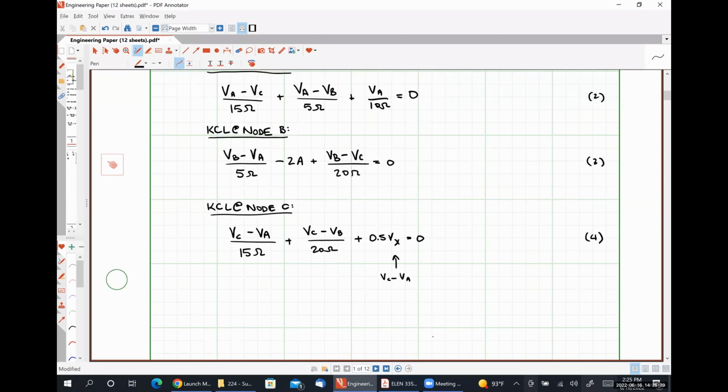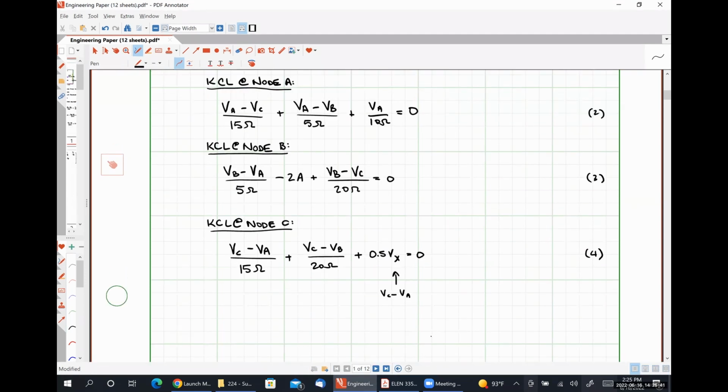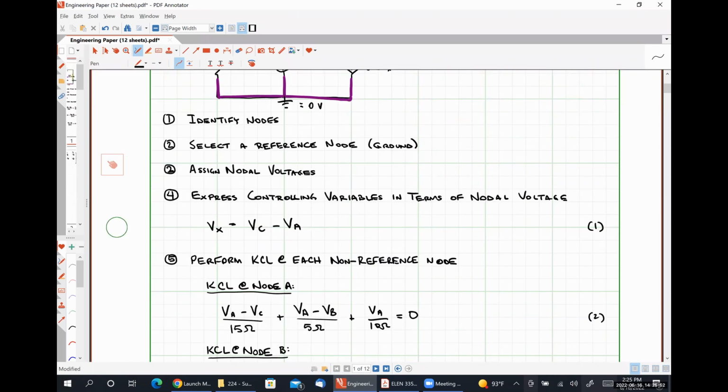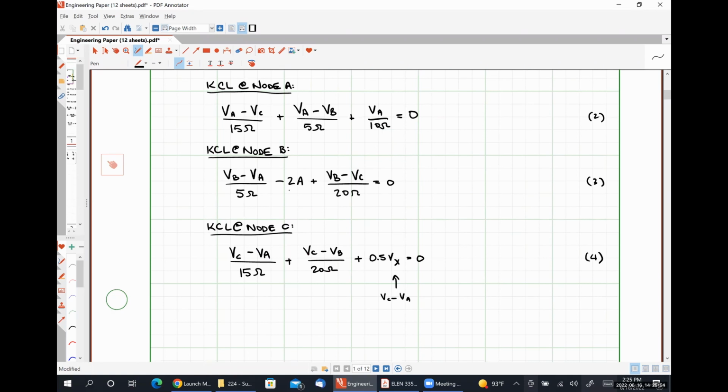My coefficient for VC is -1/20. And I am going to have a constant term. Sorry, let me scroll down here. So I'm moving this 2 amps to the right-hand side of the equal sign. So it's going to look like +2.